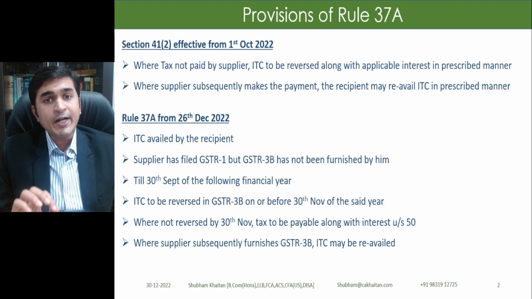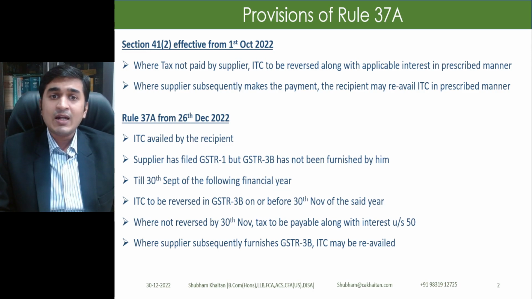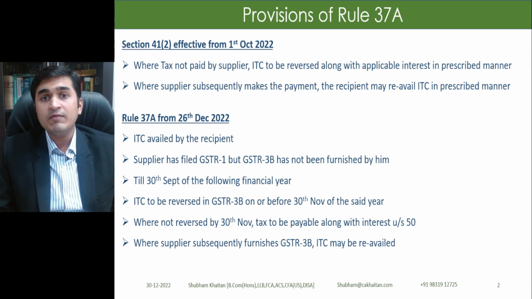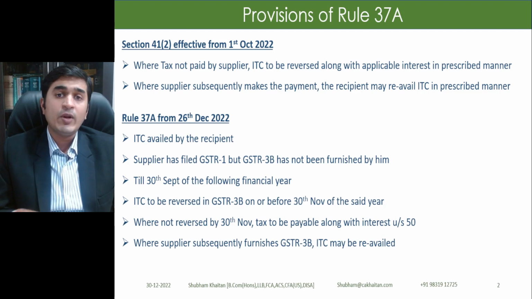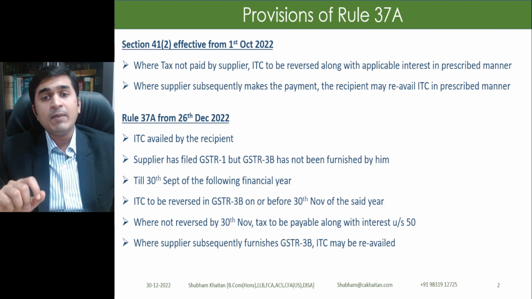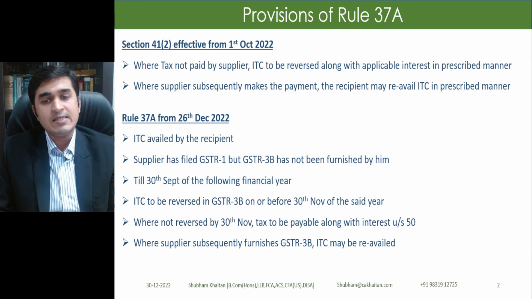So if we consider 22-23 as the financial year, by 30th September 23, if the supplier does not file his GSTR 3B for the relevant month, so we are talking about the relevant month in which he has shown it in GSTR 1. So if he has shown it in, let's say, July 22 in GSTR 1, and if he has not filed 3B of July 22 by September 23, in that case the recipient needs to reverse the ITC by 30th November 23, right?